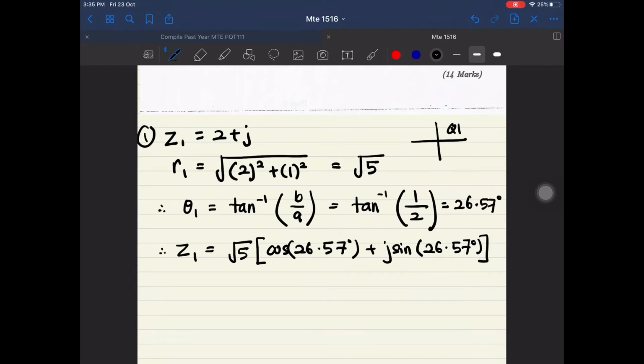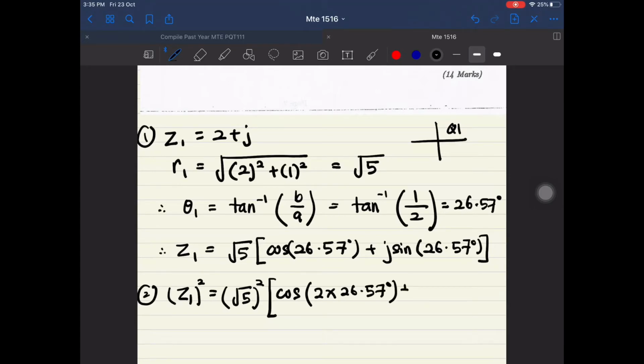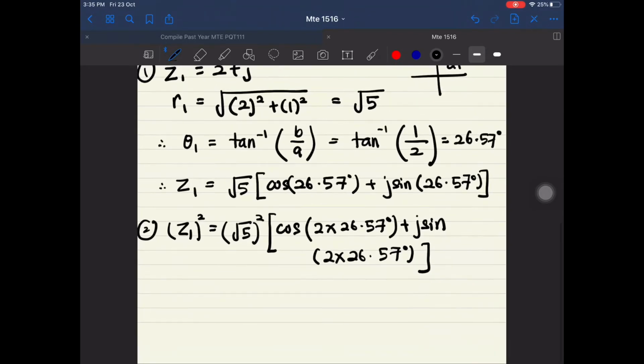By using De Moivre's theorem, your z1 squared is equals to square root of 5, the whole thing squared, cos 2 multiplied by 26.57 plus j sine 2 multiplied by 26.57. So you will have 3 plus 4j.